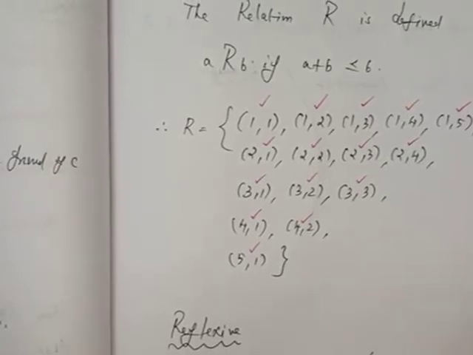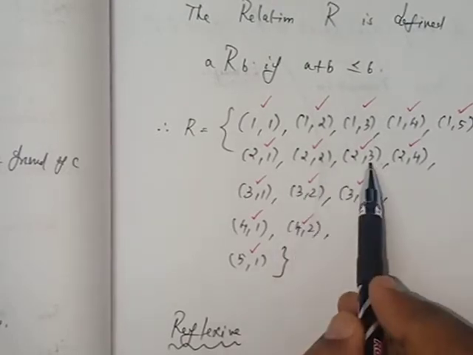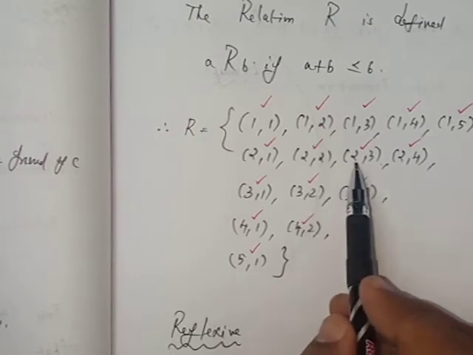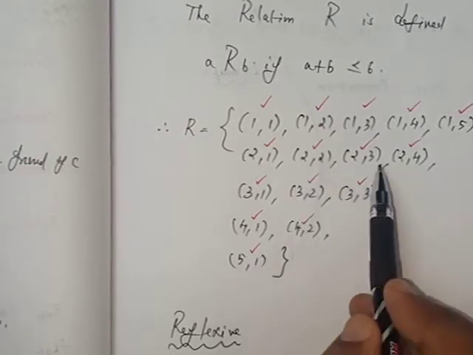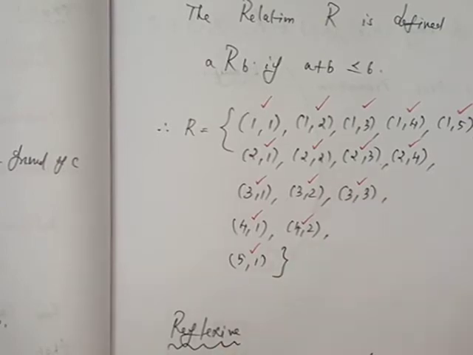I give two examples. I take 2 comma 2 and 2 comma 3. Why am I taking 2 comma 2 and 2 comma 3? Here it ends with 2, here it starts with 2, continuity is there. So the result will be 2 comma 3, and that 2 comma 3 is here itself. Therefore we can say that is transitive.